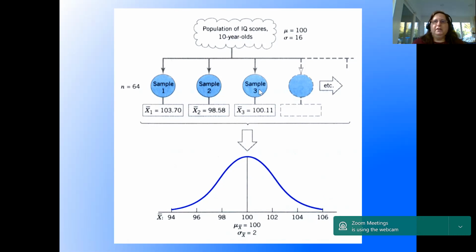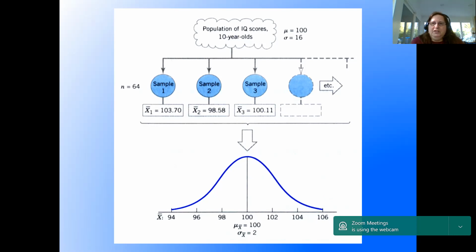Throw that away. Let's do it a third time. Reach into our vat of all these IQ scores, pull out 64 slips of paper, take the average of those 64 numbers, you get 100.11, very close to the mean this time. You plot that on the frequency distribution.